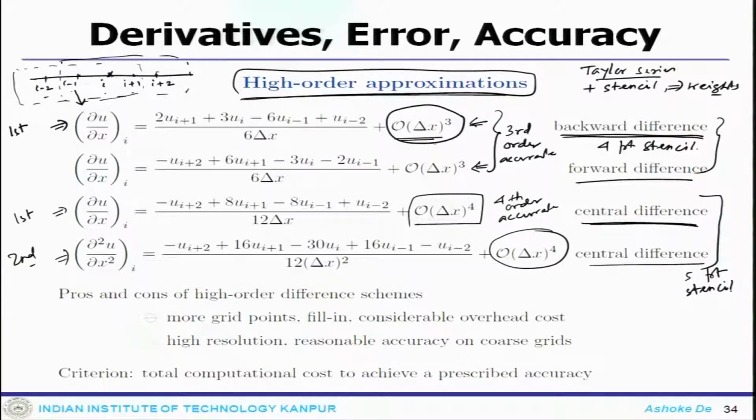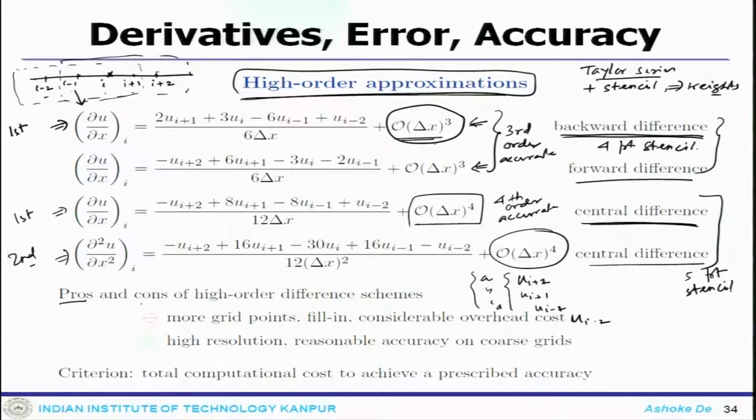If you look at these weights using Taylor series expansion, you can easily find out these weights, or like the matrix method we have discussed, you find out u(i+1), u(i+2), u(i-1), u(i-2), multiply each of these expressions by A, B, C, D and find out these weights. Okay.